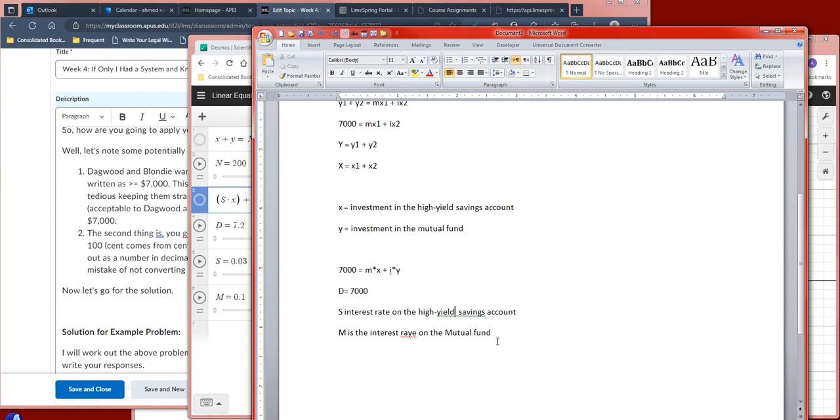And S for savings account, right? So we have D equals, where did I go? Okay, here we go. So we have, how did I write this here? So we have S * X, right?